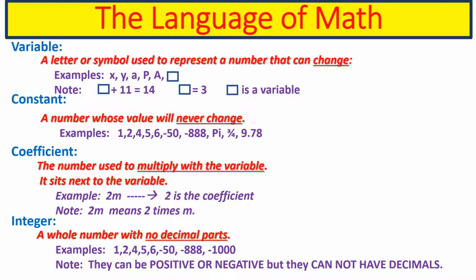So integers are wonderful numbers, but they're not always the best to use in every part of life. One thing we do notice, though, just like in negative 50 and negative 1,000, integers can be negative. They can be positive, they can be negative, but they can never have decimals.